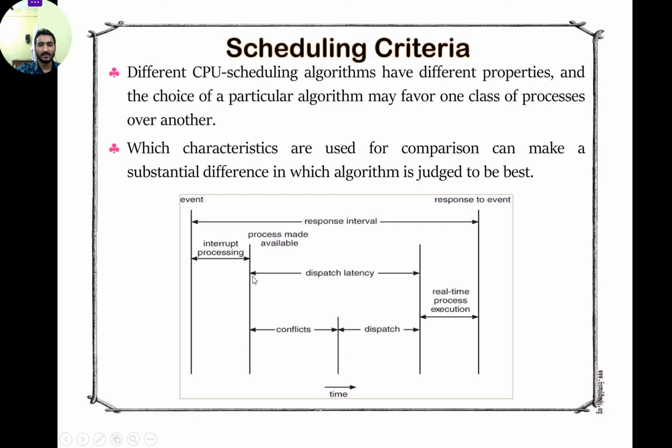After the process is made available, there is context switching and dispatch. Then finally the process gets to the CPU, which is called real-time process execution. From event to response to the event, this total time is called the response interval. If we add all these times, this becomes our response interval for a process.